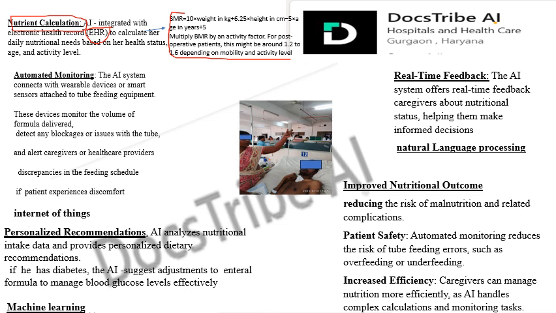You can reduce the risk of malnutrition, you can ensure patient safety, and there is increased efficiency. Many patients who go home, they suddenly die. That's because of the aspiration and wrong feeding practices. These things can be mitigated by implementing AI in this loop.